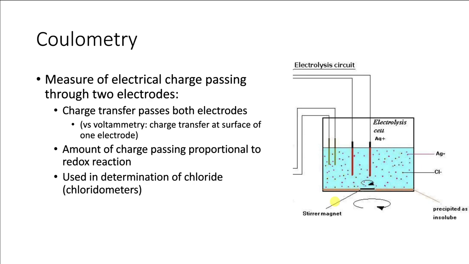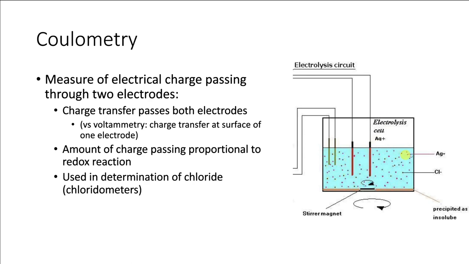Coulometry is the measure of electrical charges passing between two electrodes. So the charge will be transferred between both electrodes. Comparing this to voltammetry, which we just talked about, which is only the change that happens at one surface of one electrode.